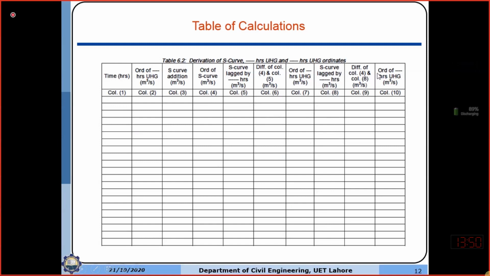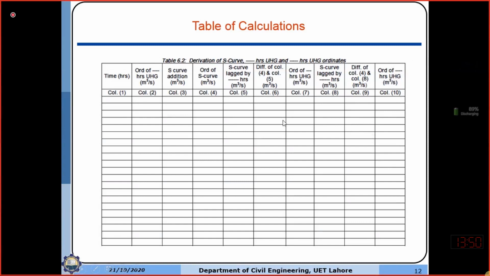Then you will take the difference of column 4 and column 8, that is the 4-hour S curve minus the 5-hour S curve. That is column number 9. Then the ordinate of the 5-hour unit hydrograph will be column number 9, the column of difference, multiplied by 4 divided by 5, the given duration divided by the required duration. So in this way you will get the ordinates of the 5-hour unit hydrograph.